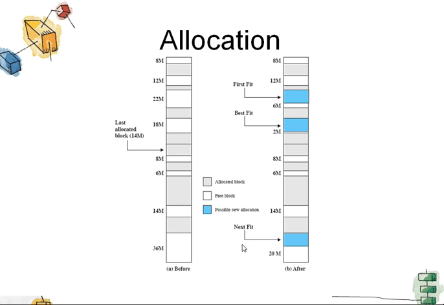The next fit algorithm chooses from this larger area of memory which is free, which is available for allocation. It will select a portion and do partition from this available portion. I hope you have understood this concept.